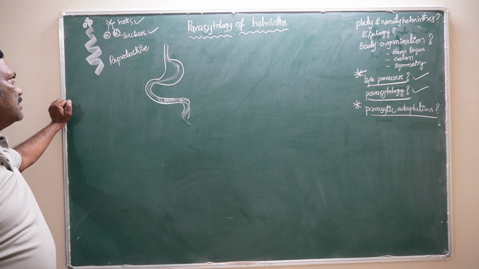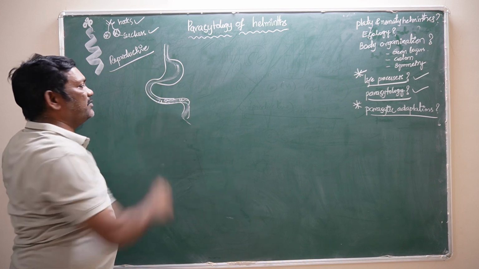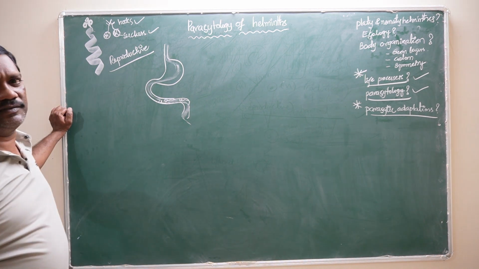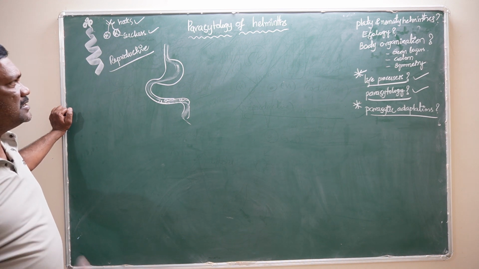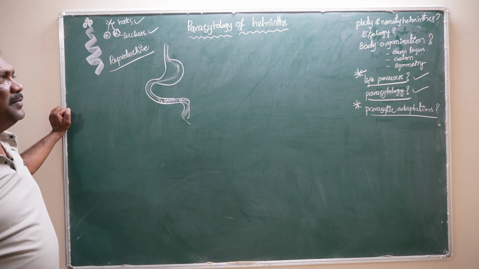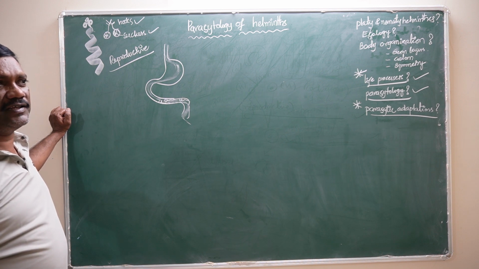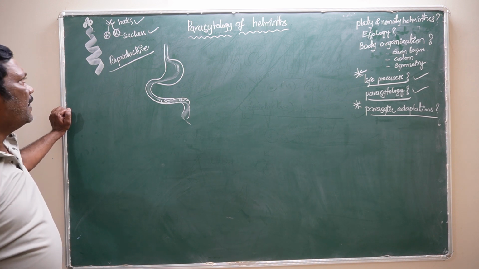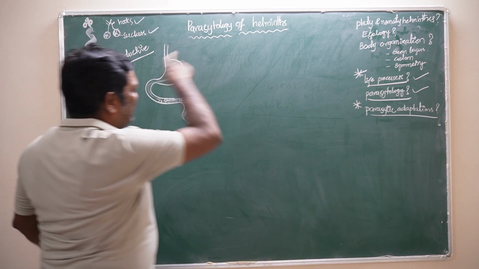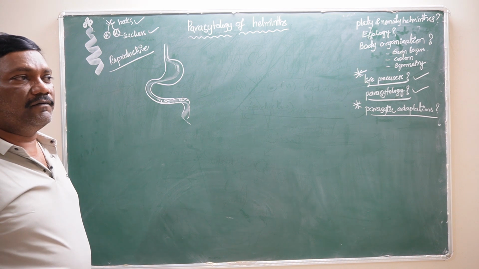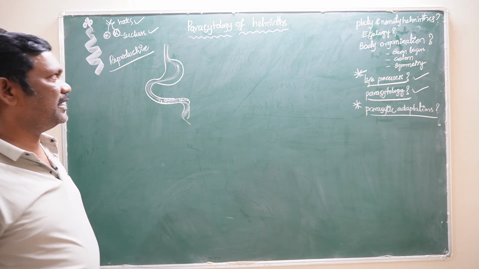That's why the reproductive system is highly developed, because they have to face many threats in the life cycle. Their life cycle is also very complicated. In the helminthic parasites, also in the protozoan parasites and the bacteria, the life cycle is very complicated. Why do they have a very complicated life cycle?